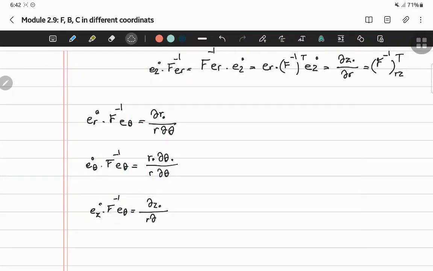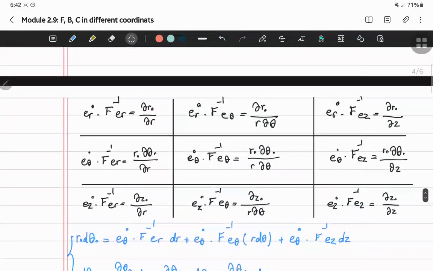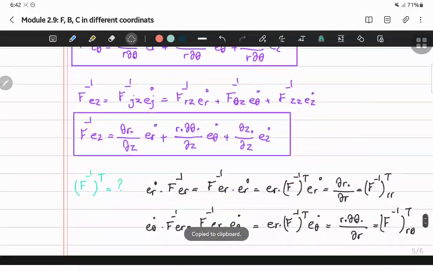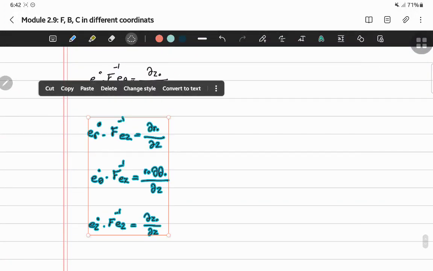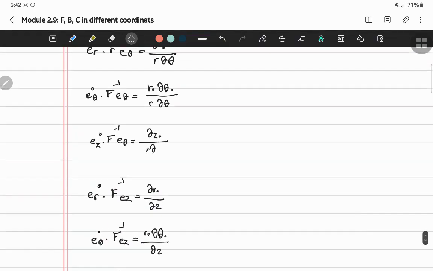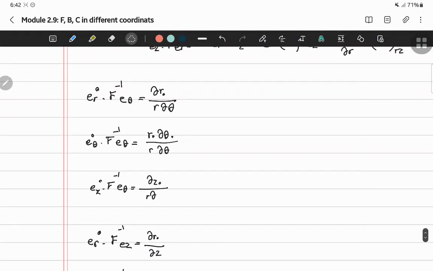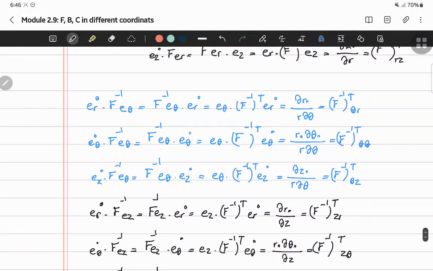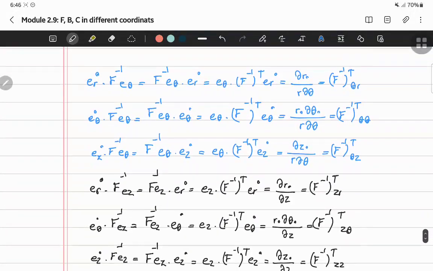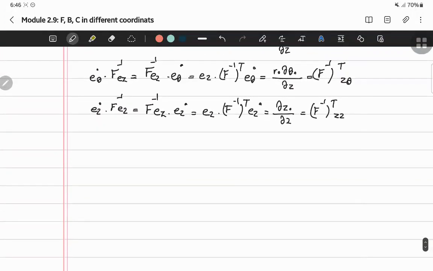Let me just copy these as well, and then paste them here. Okay, I will pause the video and I will write these. All right, so now I have derived all the relevant equations for the different components of F inverse transpose.